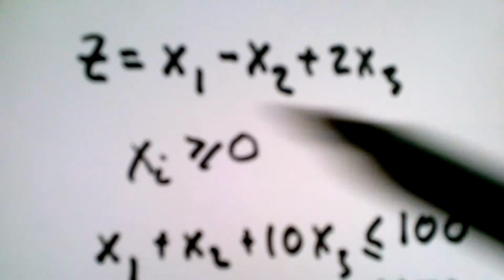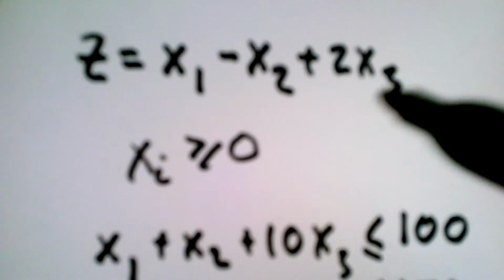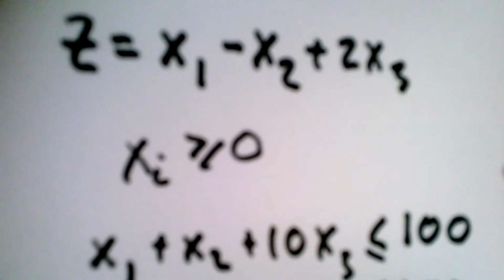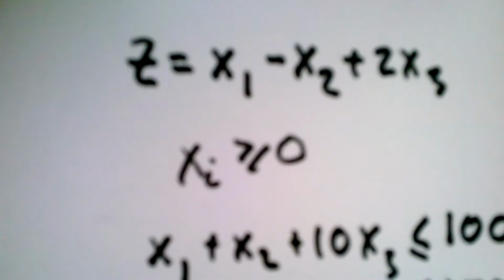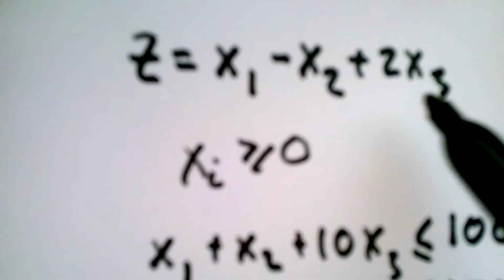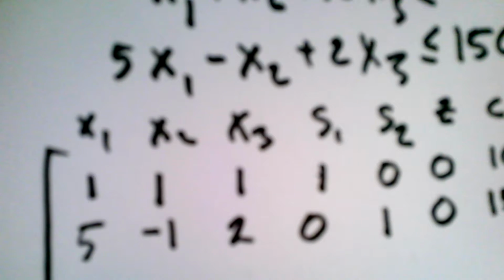So now our last row is always going to be the z row. Okay, and we take these coefficients, which are 1, -1, and 2, and we flip them negative, so we get -1, 1, and -2.